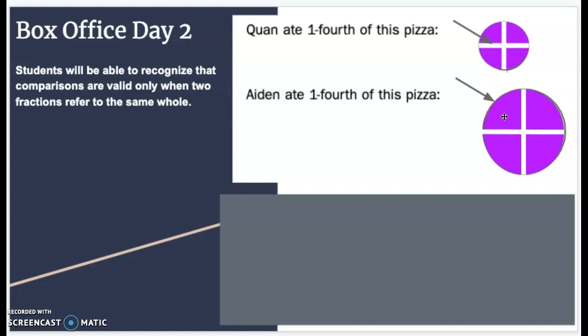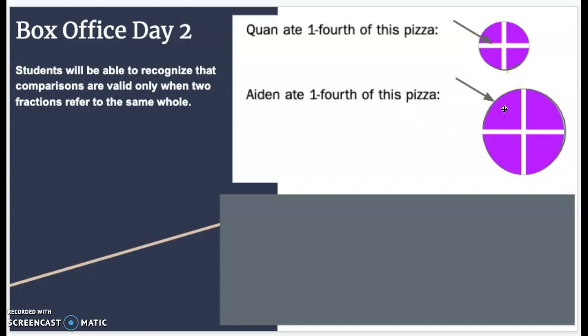Now, who got the bigger piece, Quan or Aiden? Good, Aiden got the bigger piece because his whole was way bigger. I don't know about you, but if I were Quan, I would be pretty upset that Aiden got a bigger piece of pizza than me. So because these two wholes are different sizes, these fractions cannot be compared.